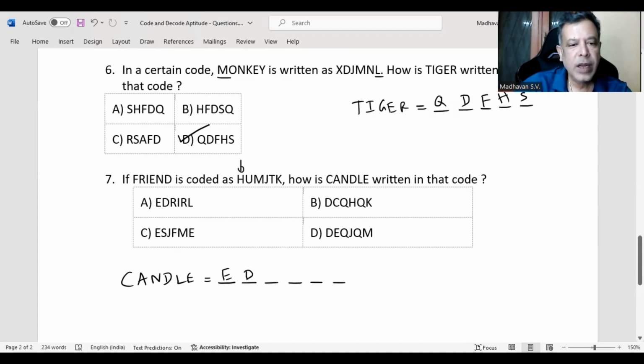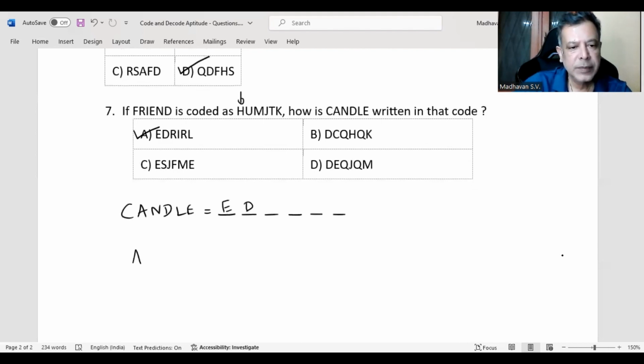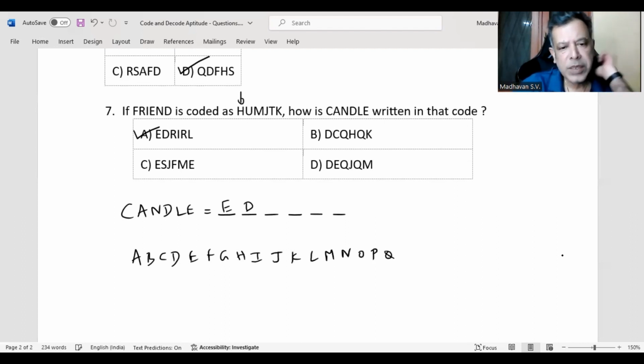From now only we can identify the code should be option A, but let us check. Let me write the alphabets, it will be easier then. Only this much is enough.